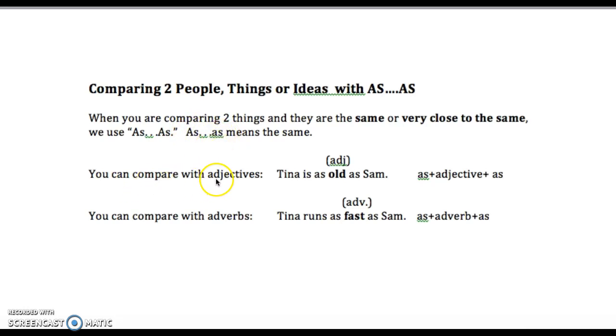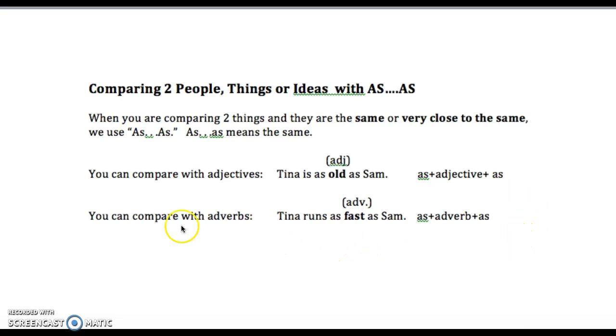So if we're comparing adjectives with adjectives such as old, we could say Tina is as old as Sam. So as, adjective, as, right? Tina is as old as Sam. That means Tina and Sam are the same age.